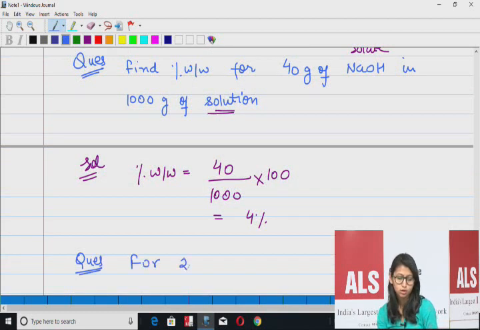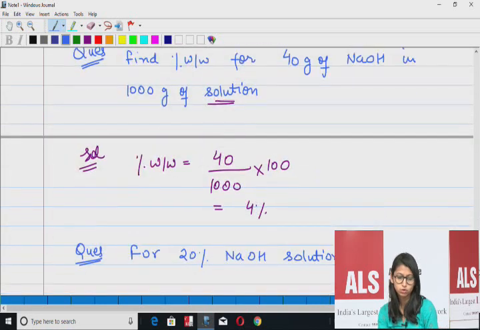For 20% NaOH solution, find out the mass of solvent. Giving you a little tricky one, okay?